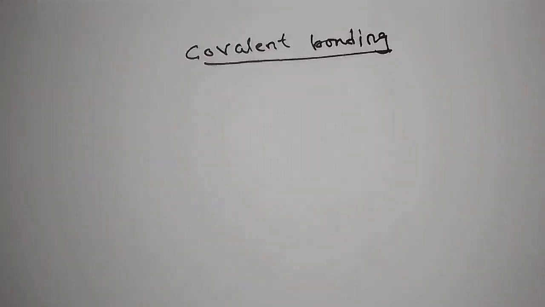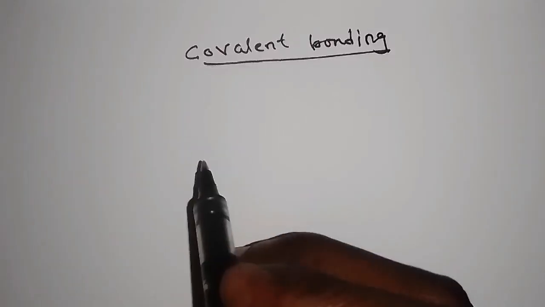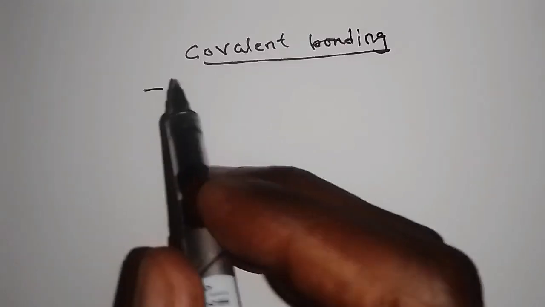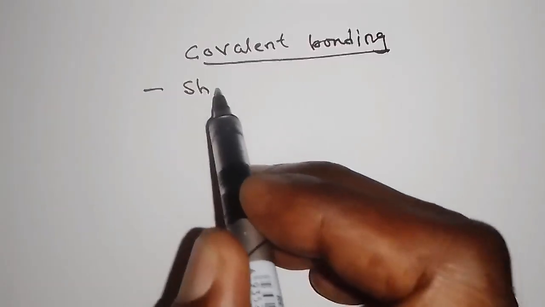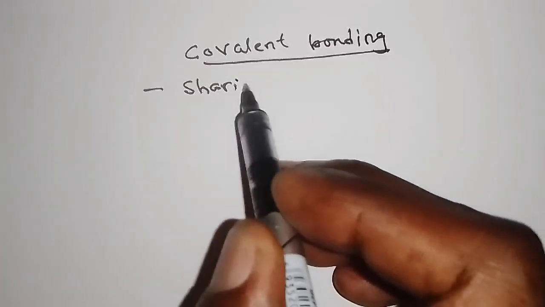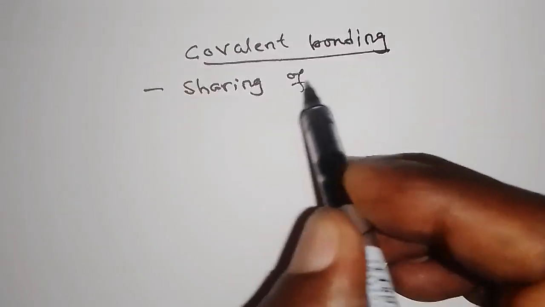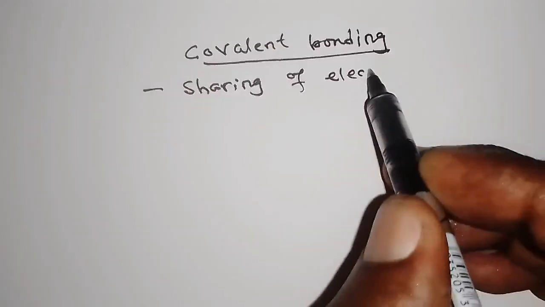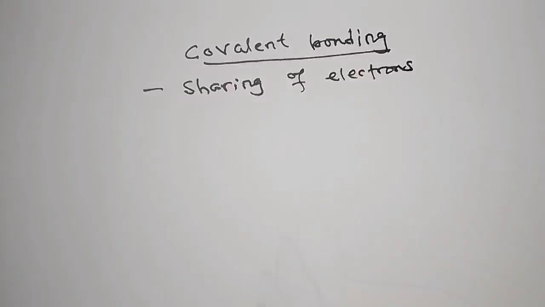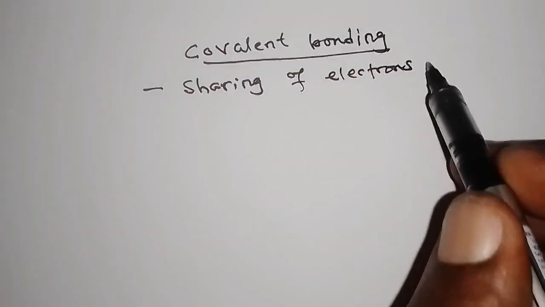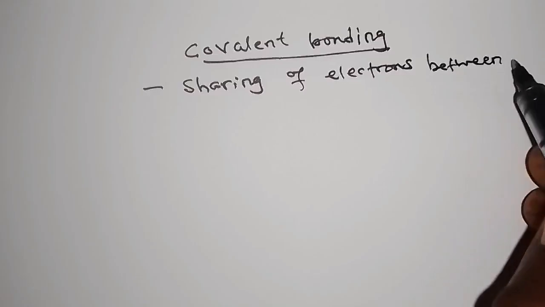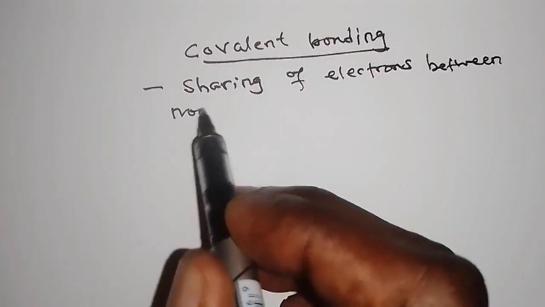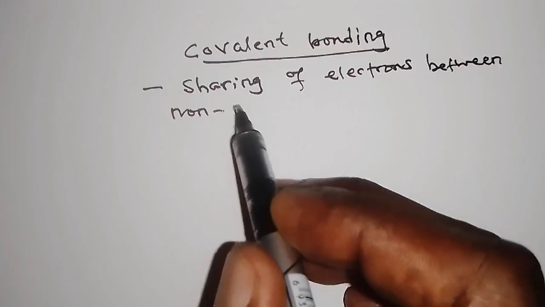When you talk about covalent bonding, we are simply saying that in this bonding there is only the sharing of electrons between non-metals only.